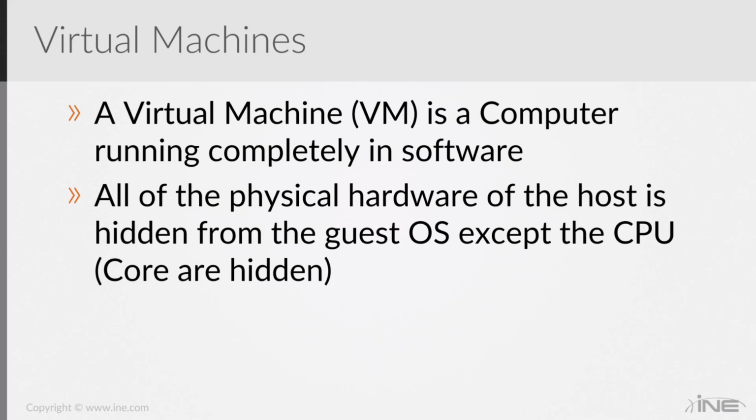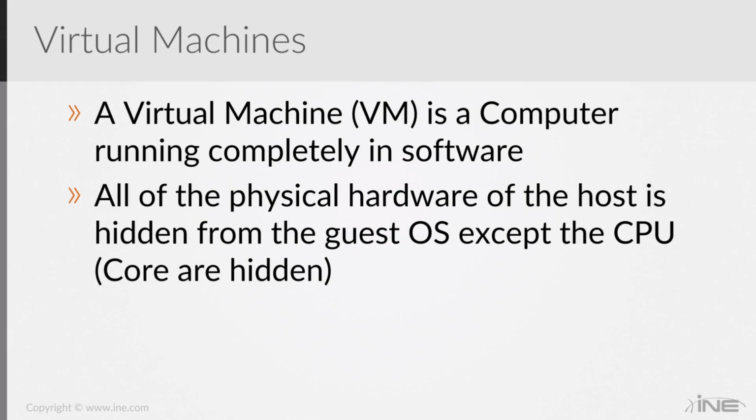So we do hide the number of cores, and that would also include hyper-threading and stuff like this, and the number of physical sockets. So again, if you have a host with quad processor, quad core, so you've got a total of 16 cores, and you give a virtual machine 2 cores, that's literally what it sees, is just 2 cores. But it will see the actual type of CPU it is, though.